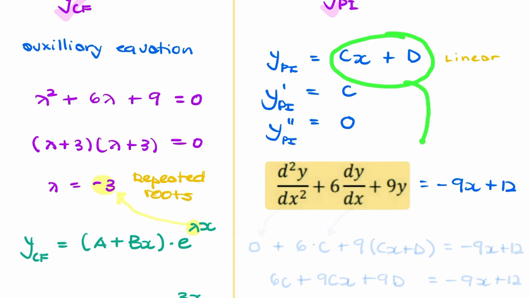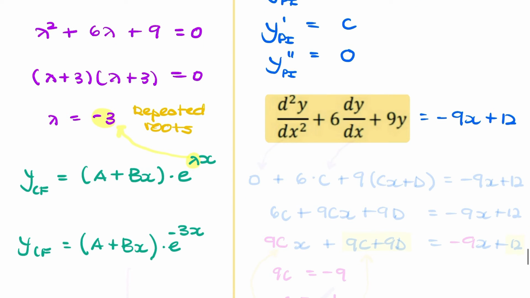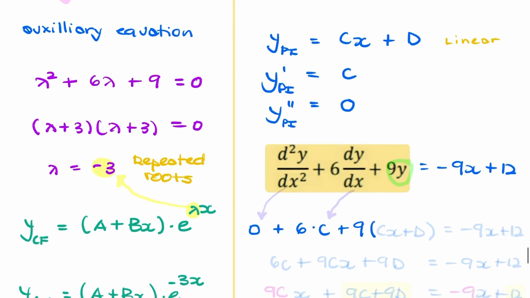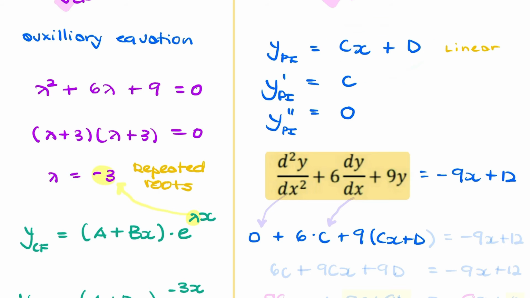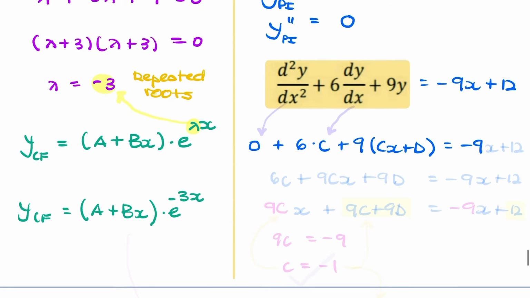So the second derivative is 0, so that's 0 plus 6 times the first derivative, which is c, plus 9 times y, which is cx plus d, is equal to minus 9x plus 12. So that should be enough for us to solve for c and d.